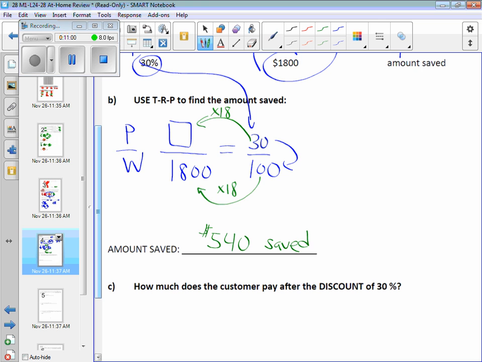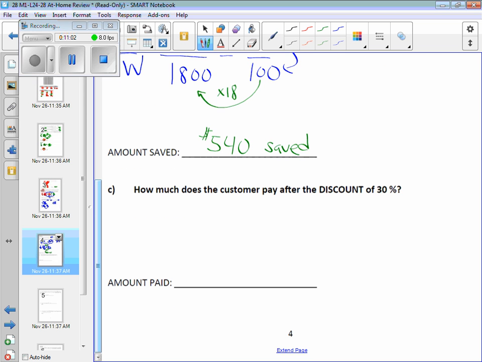Then finally, to finish this up, well, that's the money that he's saving. We want to find out how much he's actually paying. Well, you have to subtract that from the original amount.